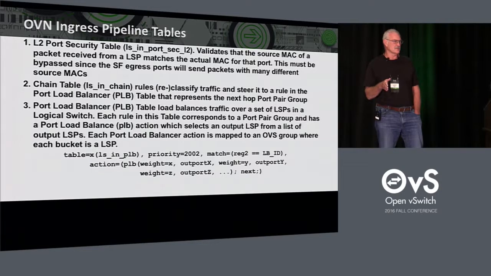A number of chains would then be driven to have a specific metadata value that would drive to a specific port pair group. And that port pair group would have the action to drive or load balance the traffic to a number of different port pairs.